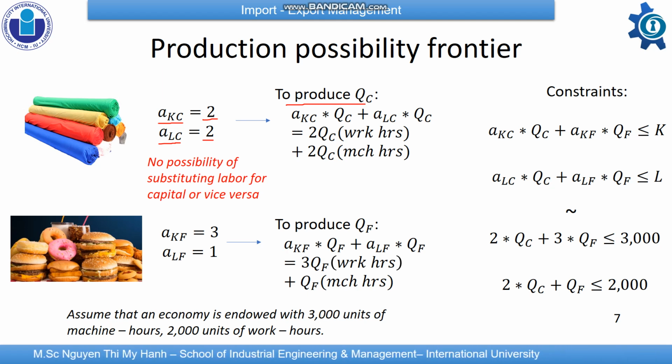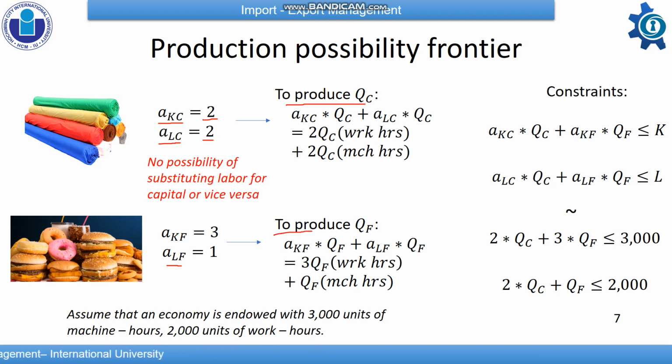Okay, and the same. AKF is the capital used to produce 1 calorie of food and is equal to 3, and the labor used to produce 1 calorie of food is equal to 1 working hour.